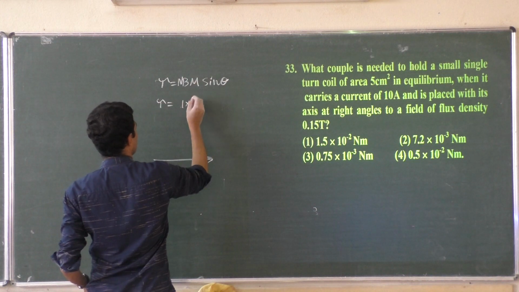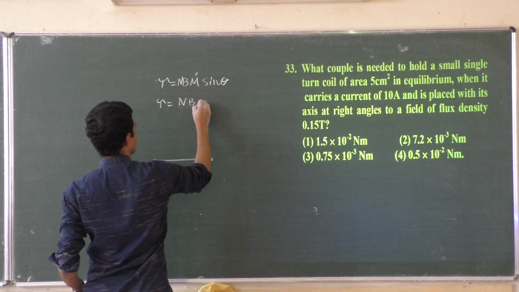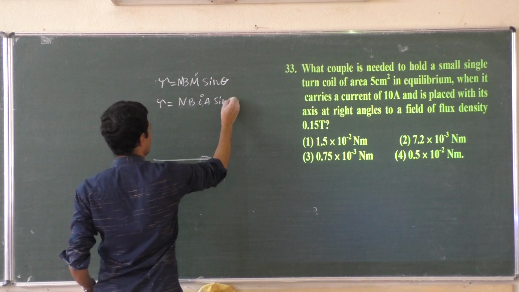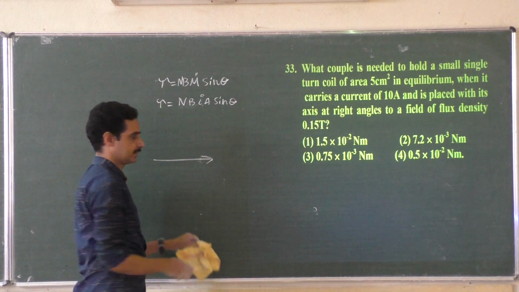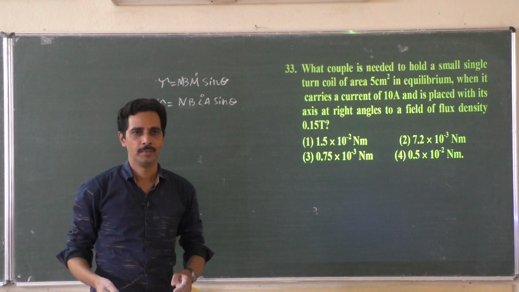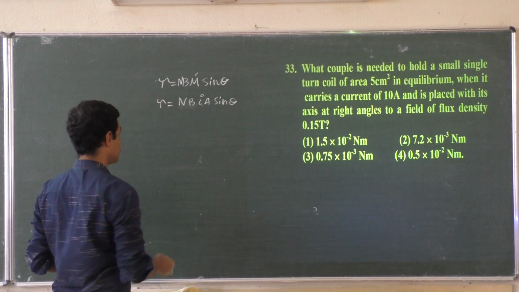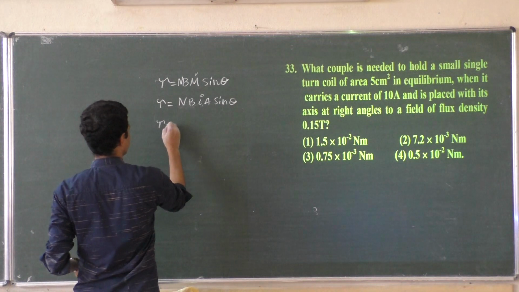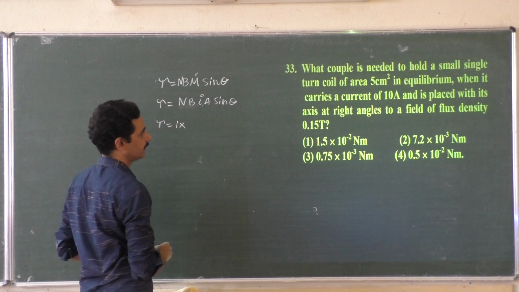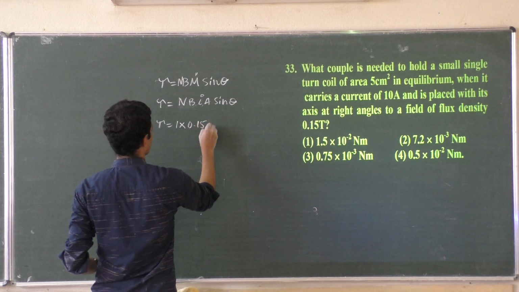So I will write number of turns n, B, m, where m can be written as I into A sin theta. The magnetic moment of any current loop, that is a current carrying coil, is current into area of the coil. That's what you have to expand. N is 1. Strength of the magnetic field is 0.15 Tesla.